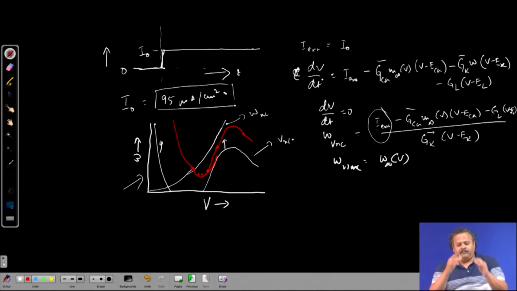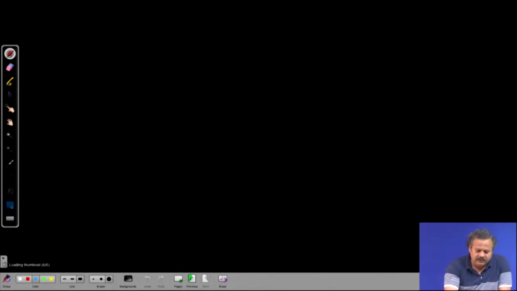So, it will shift upwards in this manner, and the equilibrium point which was here has moved to this new point, which is marked in cyan, let us say. So, the equilibrium point is changed.